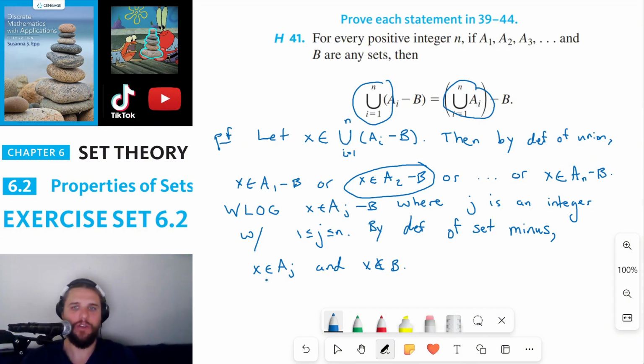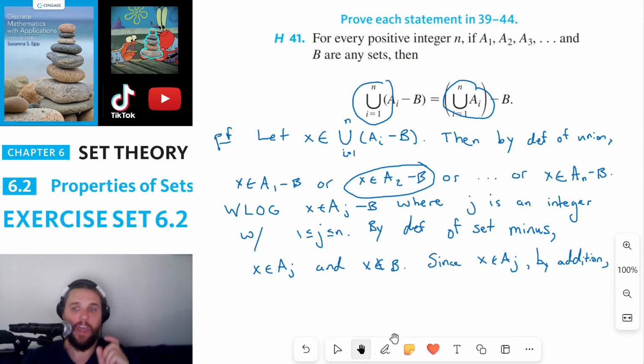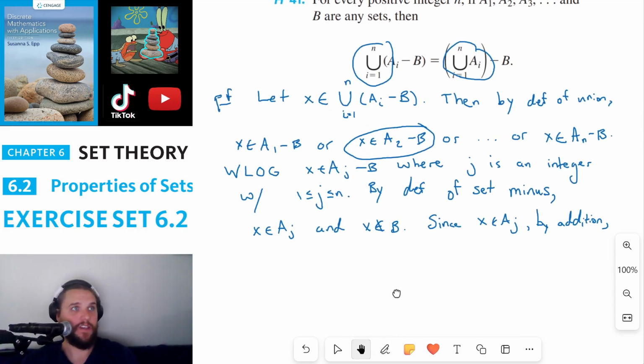And the way we're going to do that is we're going to use addition. Now keep in mind, addition is a rule of inference. It allows us to say that if P is true, then P or Q must also be true, regardless of what Q is.